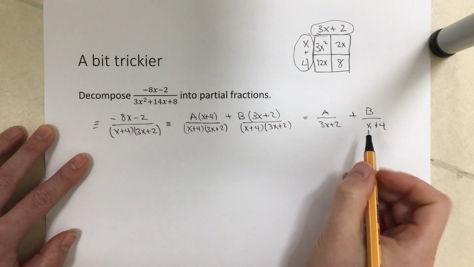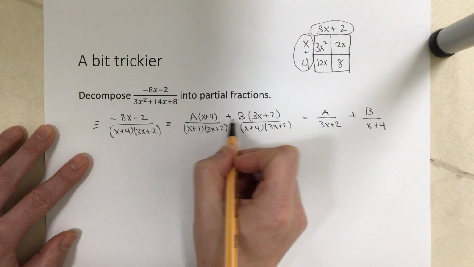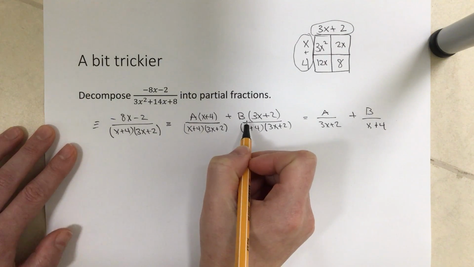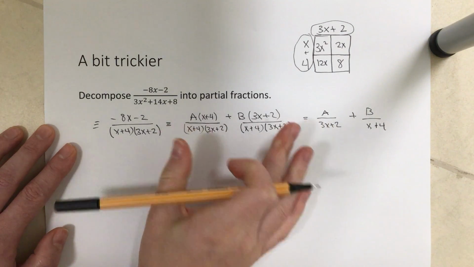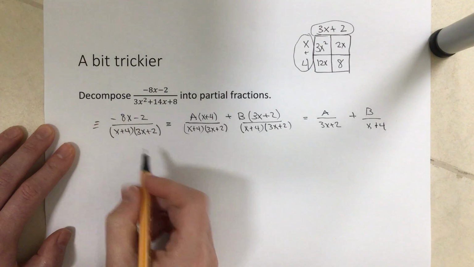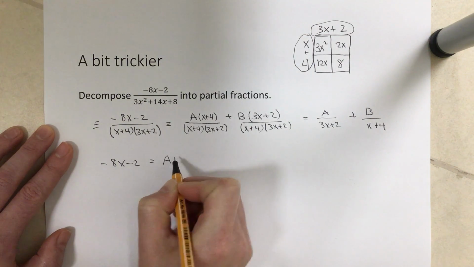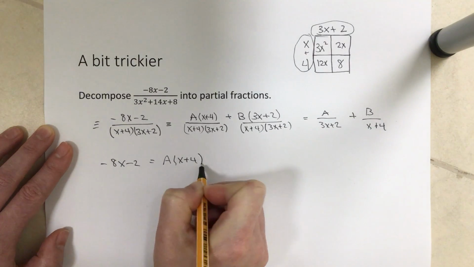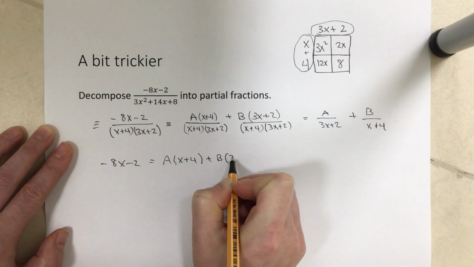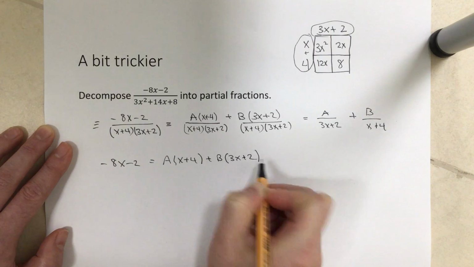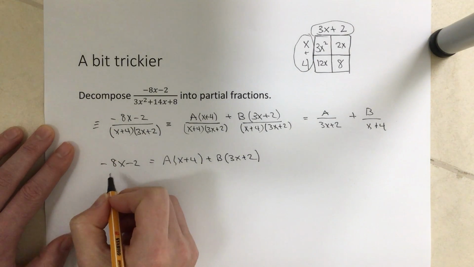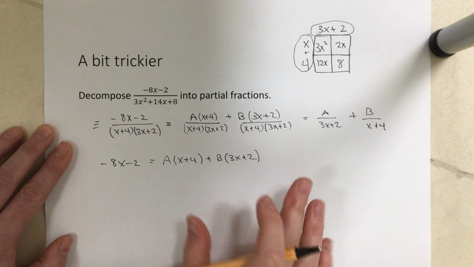Now, I know that this, which I could have written again as one fraction, is going to be negative 8x minus 2. So negative 8x minus 2 is equal to a(x plus 4) plus b(3x plus 2). And I'm going to multiply this out to create a nice system of equations.